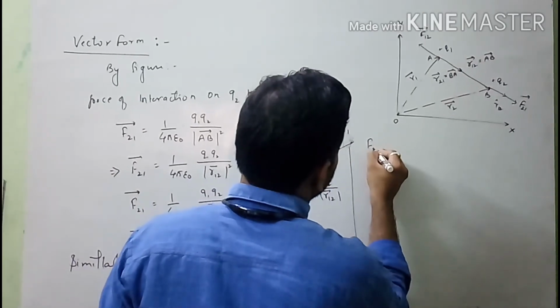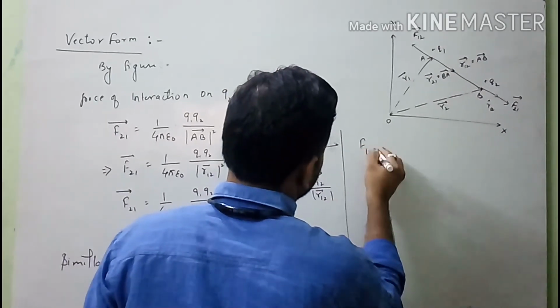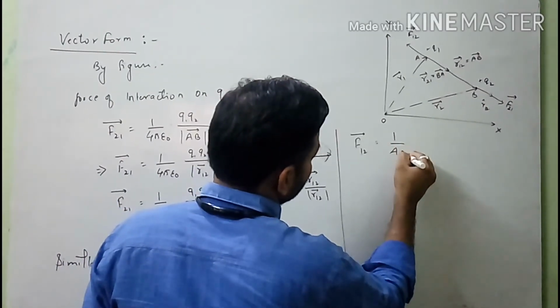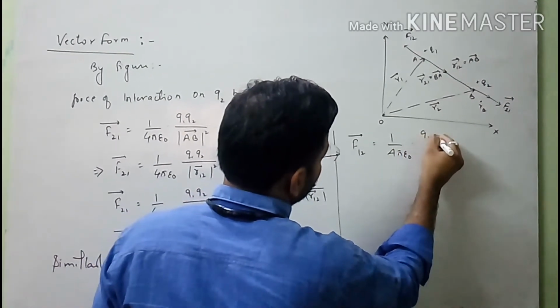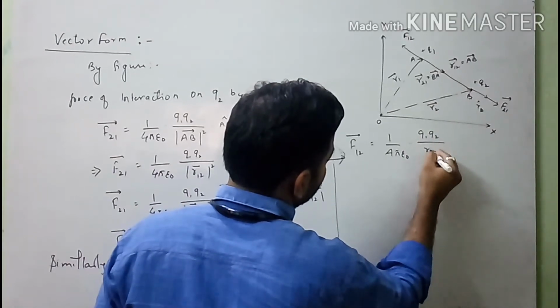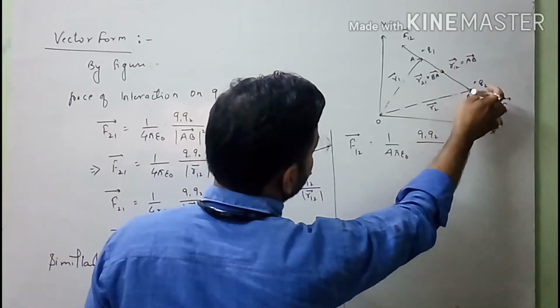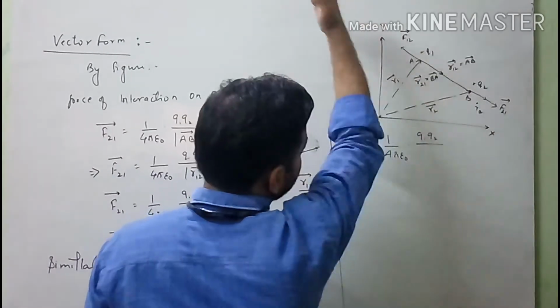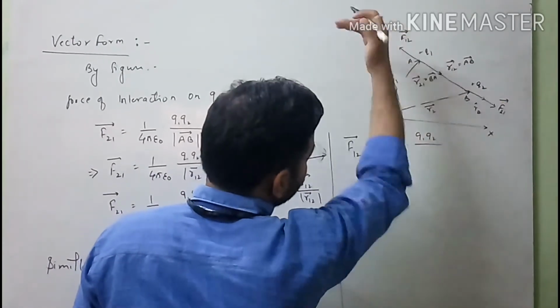I will write here the F12 vector. In vector form I am writing directly 1 over 4 pi epsilon naught Q1 Q2 over, because we are talking about the force due to this charge, so we will see the distance BA here.